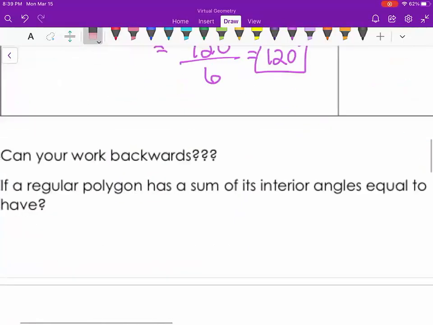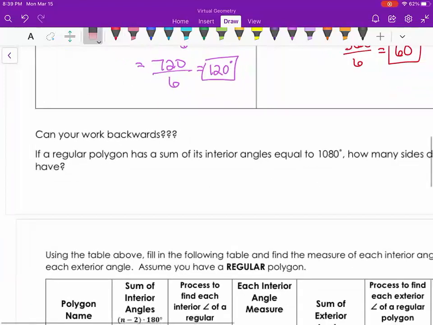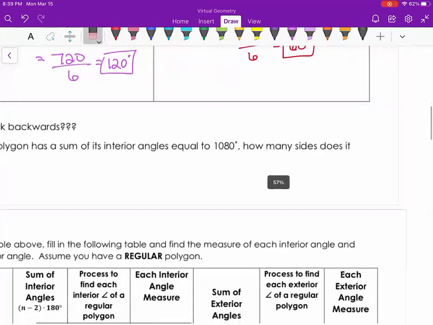let's look now and see if we can use some of this information and work backwards. So in this example, if a regular polygon has a sum of the interior angles of 1080, how many sides does it have?